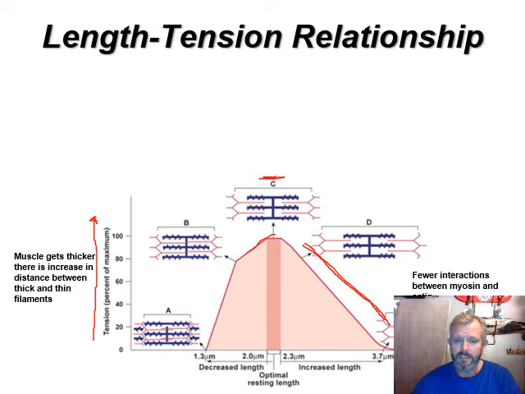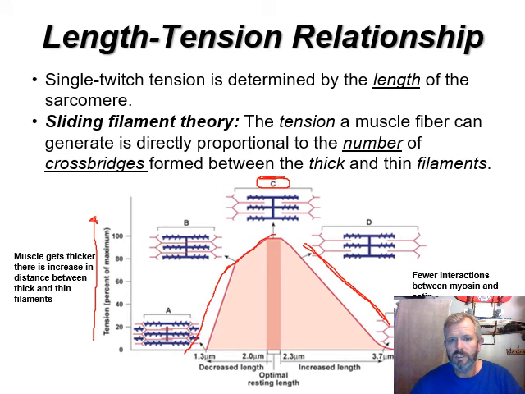Then when I slack, what happens is they get thicker and they actually bulge out, and as they bulge, there is less ability for my myosin and actin to interact, and there's less room for it to move, and therefore my force decreases again when I go in that direction. Okay, so I need to have that optimal stretch, because here is where I have the greatest ability to cross bridge.